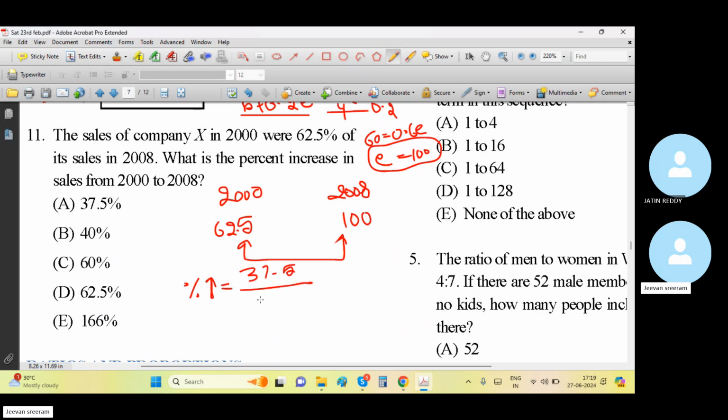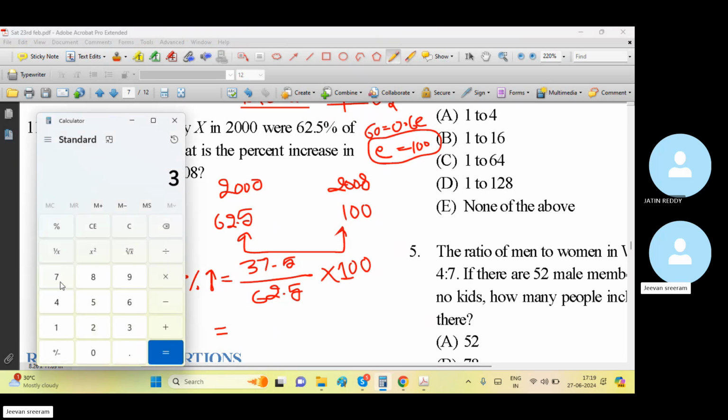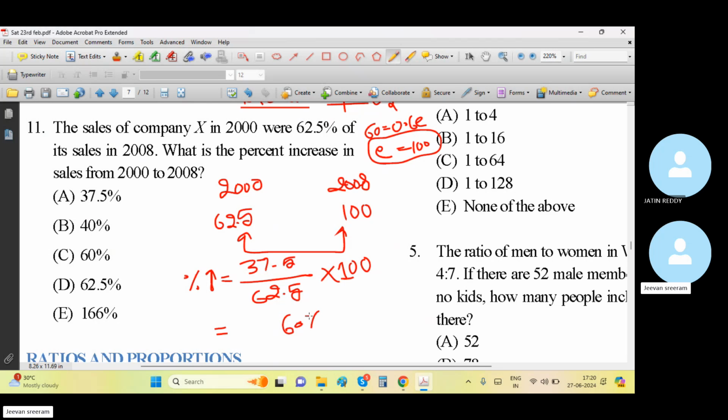Lower number is 62.5, into 100. Correct? 37.5 over 62.5 is 60%. My bad, 60%. Clear? Any doubt in this?